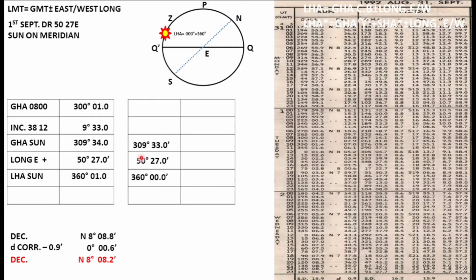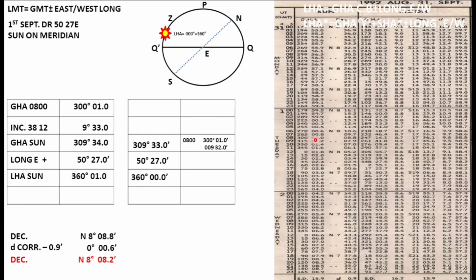Then you can see that there is a slight difference between the GHA I have calculated using the approximate time and this. Then I look around for a GHA value which is slightly less than the GHA I have calculated. So I go to the page of 1st September here and look for a value less than 309 degrees.